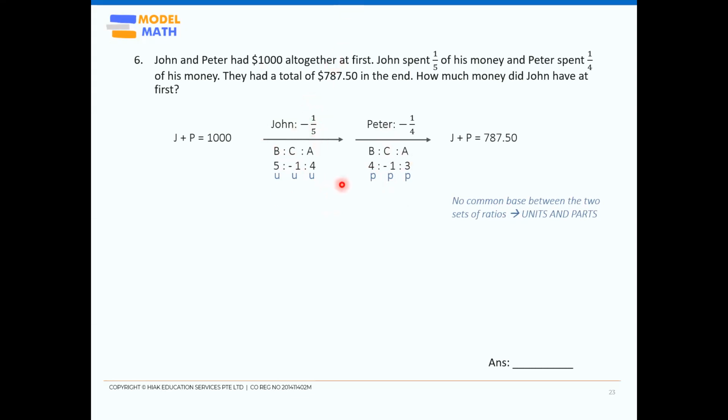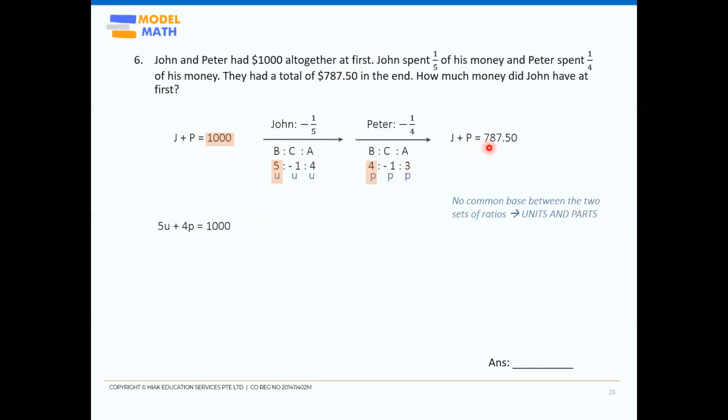Now, once this is done, we would like to work with the values that I have, which is the $1,000 and the $787.50. Let's figure out what constitutes this $1,000. This $1,000 is at first, before. So we look at all the before. John's before is 5U. Peter's before is 4 parts. Hence, I can create an equation: 5U plus 4P equals $1,000.